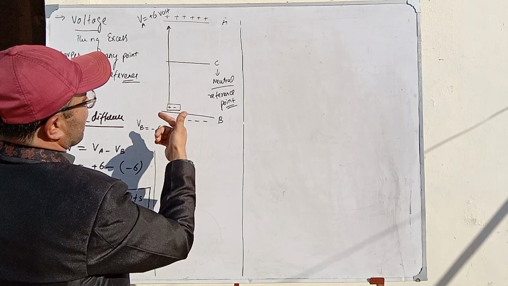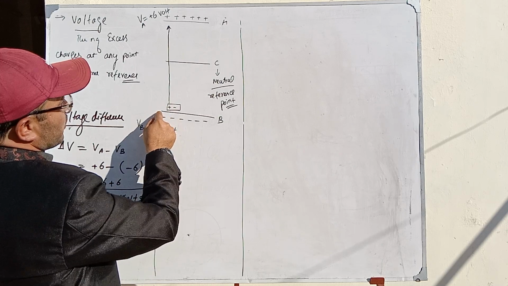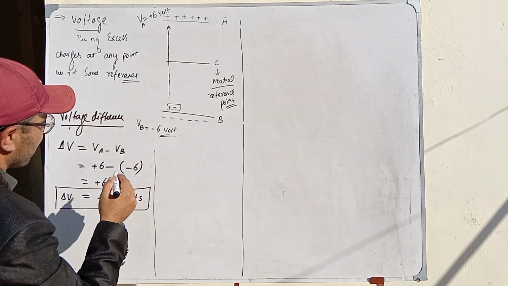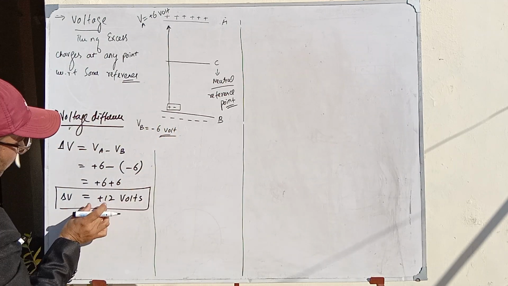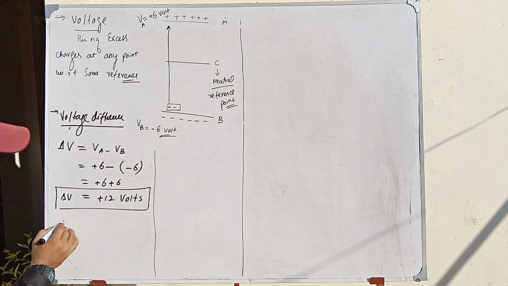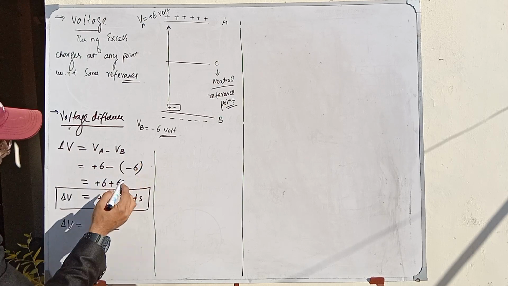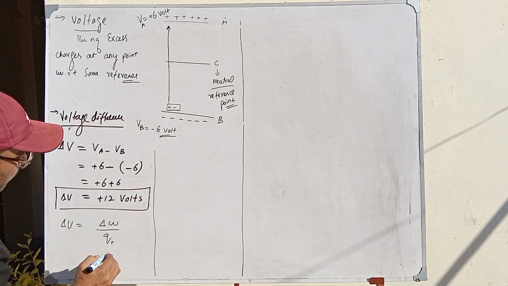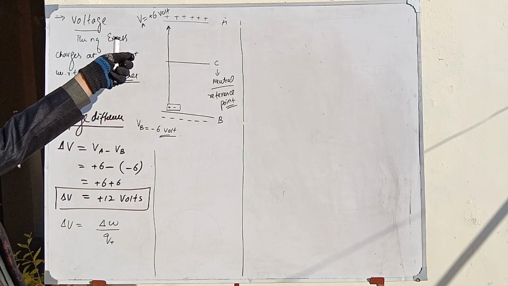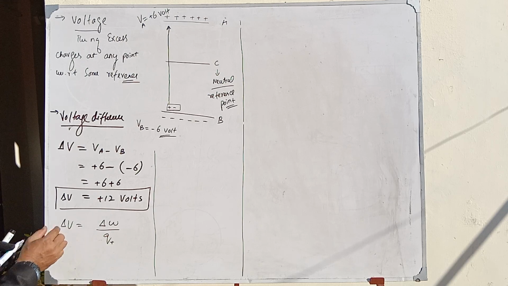So how much work is done by bringing a charge from the negative plate to the positive plate? This work will equal the potential difference between the two points. This work is how much work is done by moving a positive charge between two plates having some potential difference.